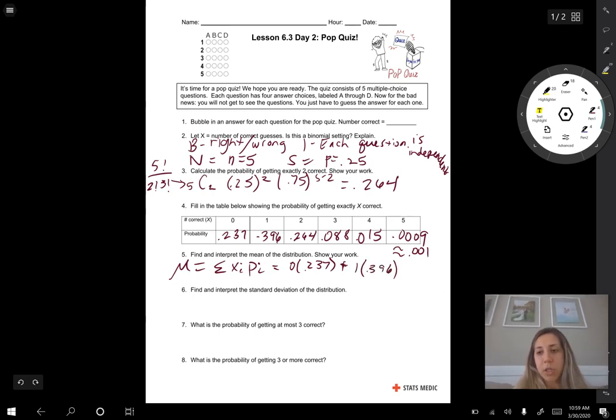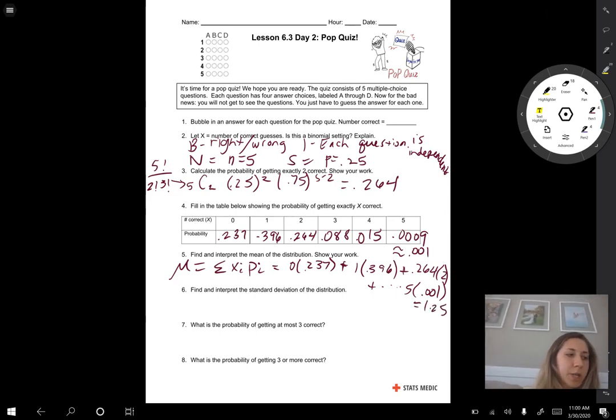So it follows that discrete distribution plus 0.264 times 2 plus all the way to 5 times 0.001, and that would get you 1.25.